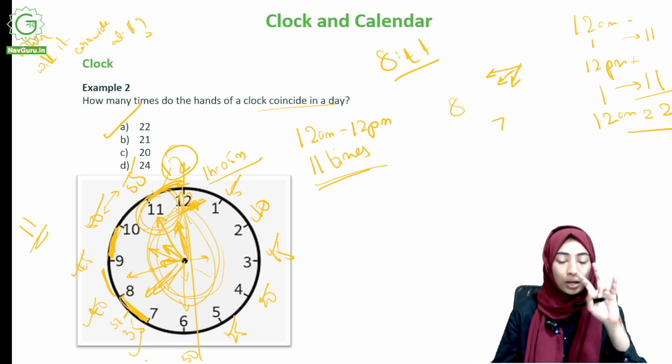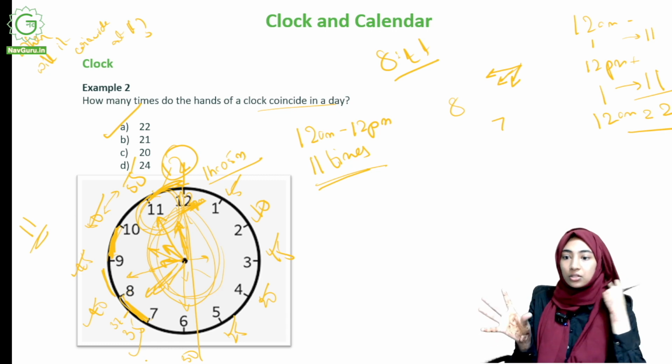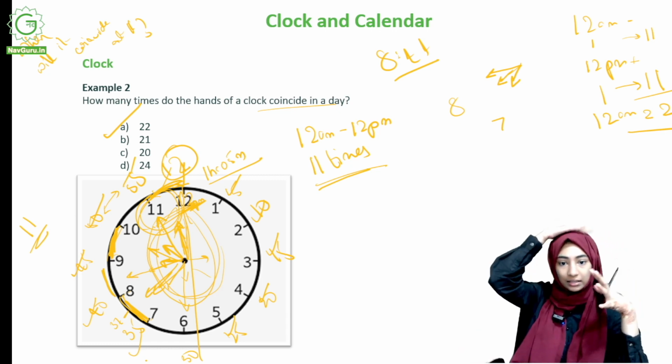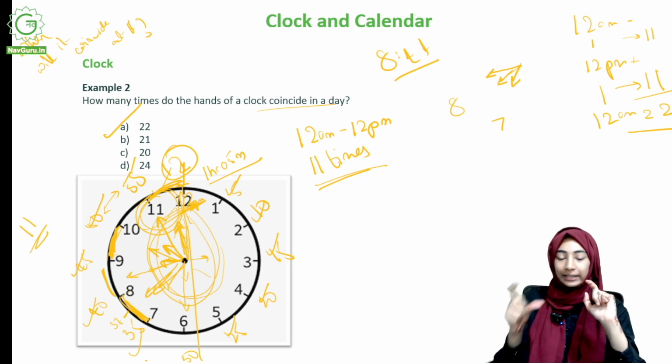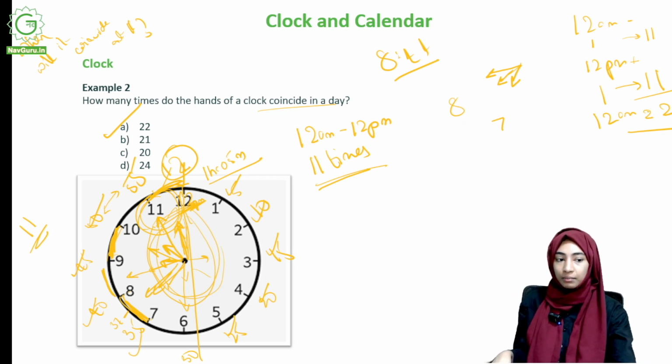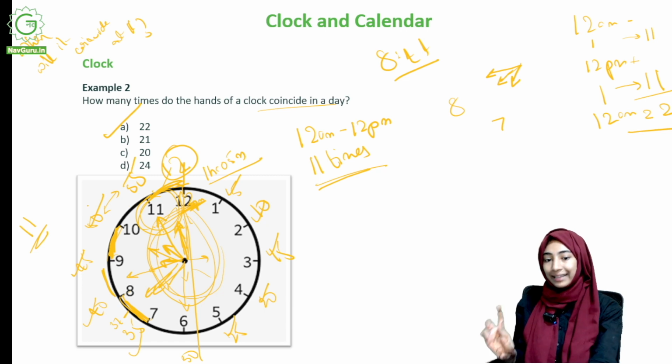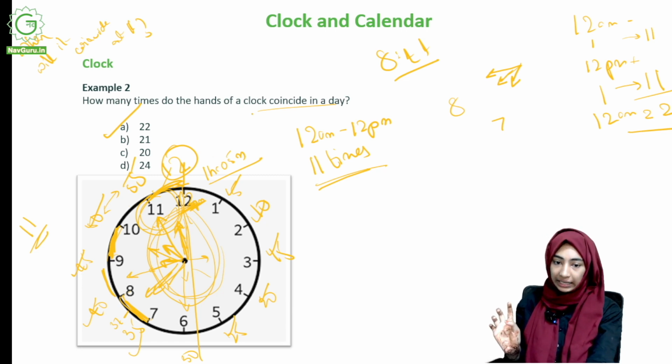When they coincide at 11, it is the same thing that happens at 12, so there is an overlapping. So you only take it 11 times, then add 11 plus 11, 22. That is the number of times the hands of a clock coincide in a day.